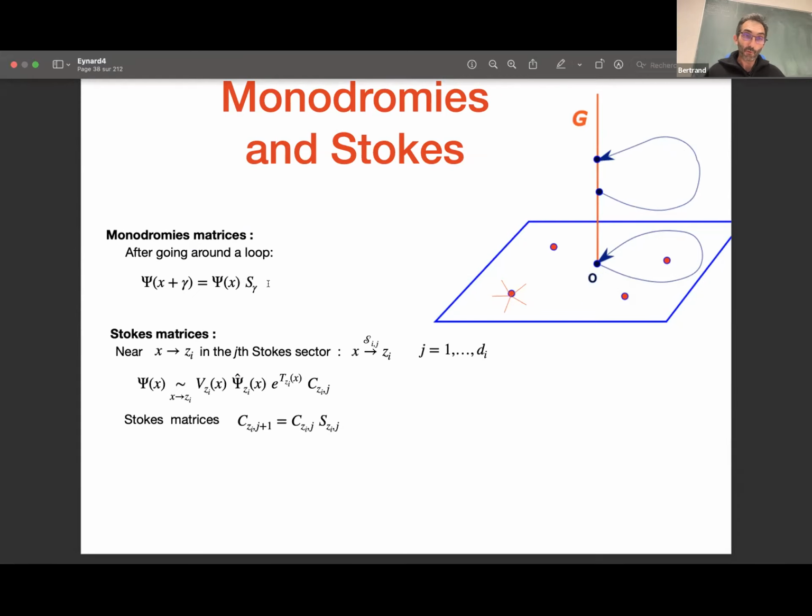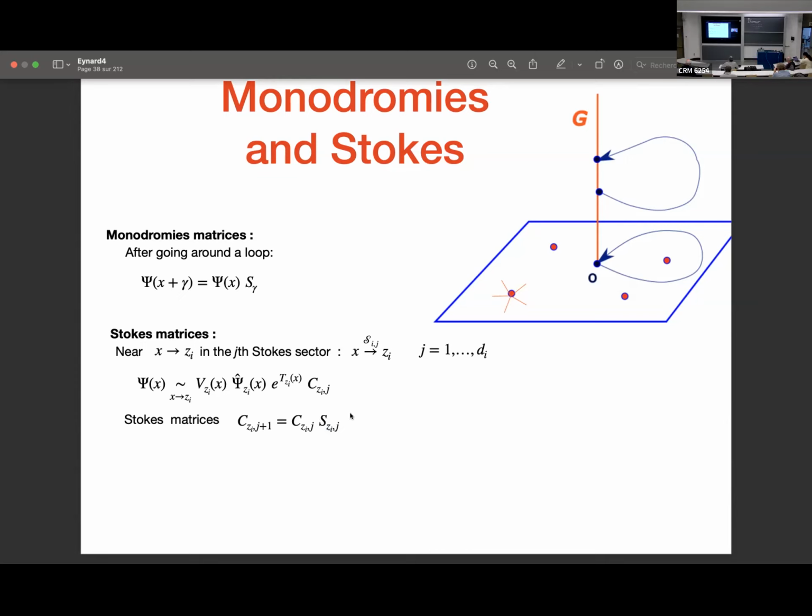Let's also look at the Stokes phenomenon. Remember that the constant C depends, around the singularity, on which sector you are in. And when you go from one sector to the next, you multiply by a matrix that you call S. S is defined by the C of one sector times the C inverse of the previous sector.